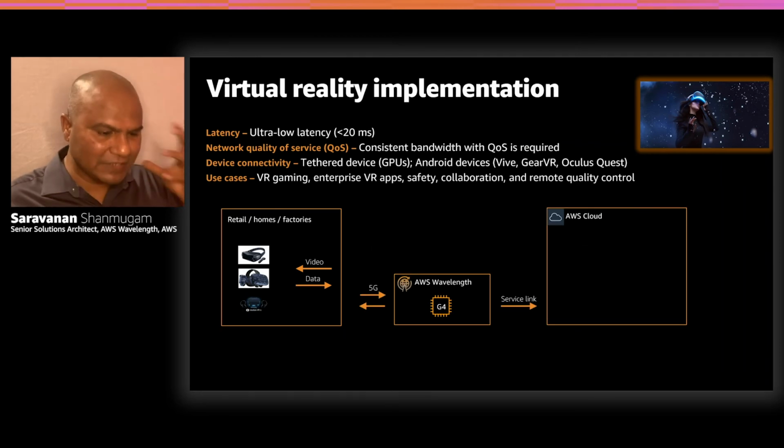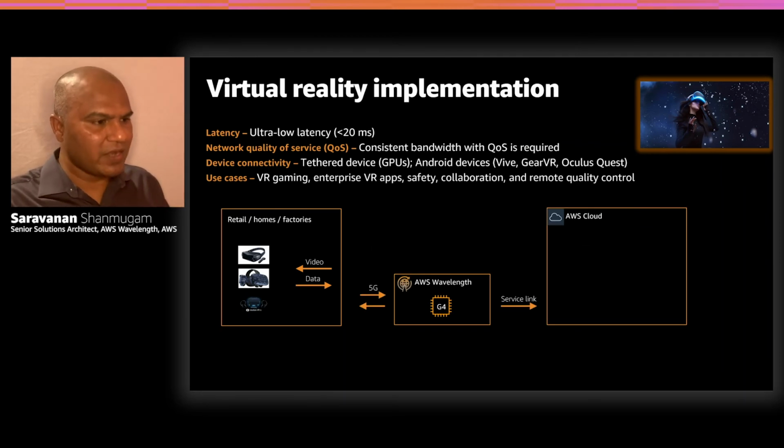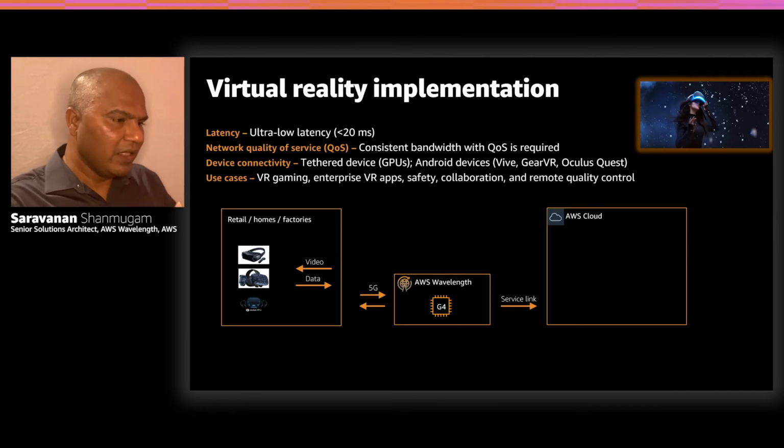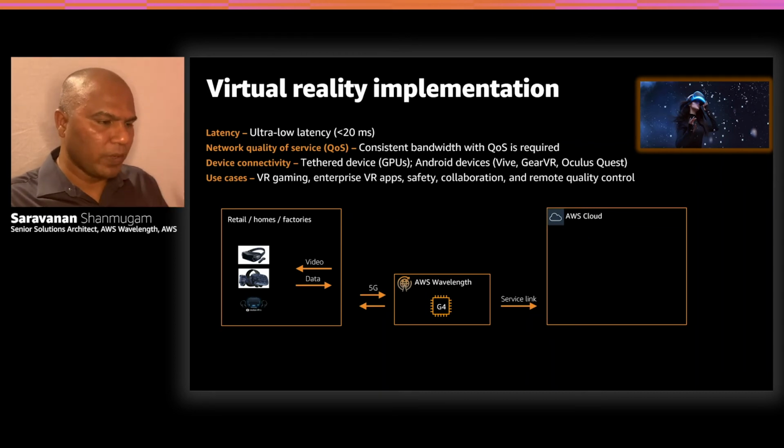So you have a massive compute closer to where the VR games are being played, or VR scenarios are being played, and that's because the latency that is required between the user and the application and the compute is very, very, very small, like in the single digit milliseconds. And that's why there's always big compute close to where the VR applications are run.